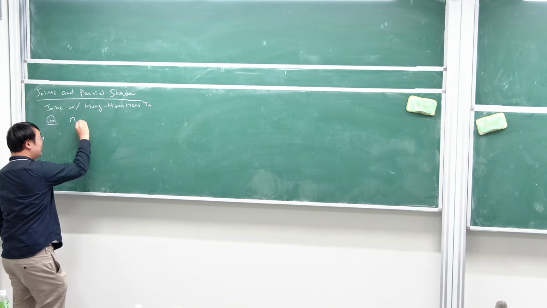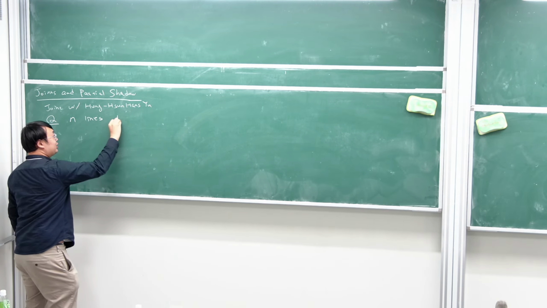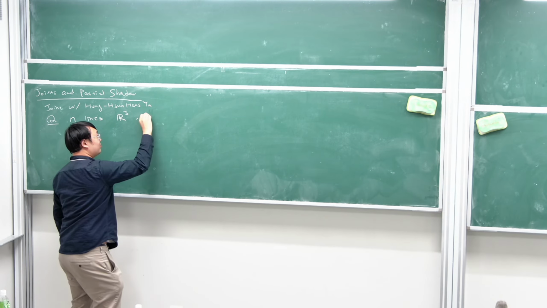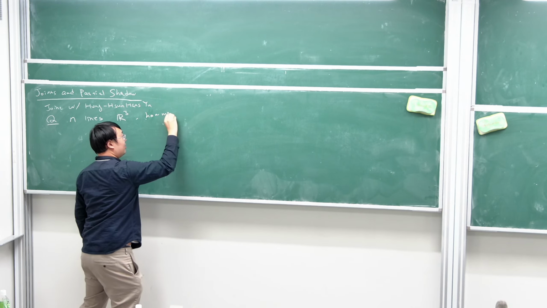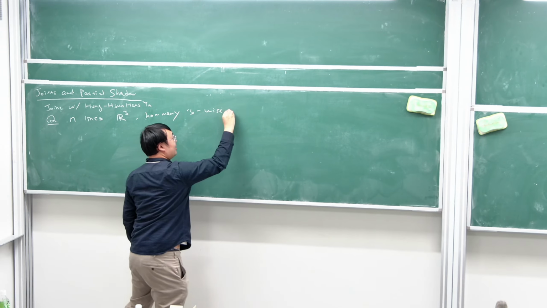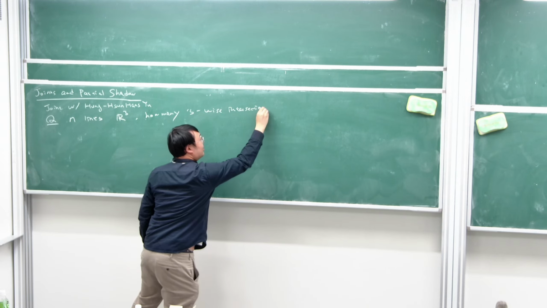So the natural question would be, if I give you n lines in three-dimensional space, how many three-wise intersections can we have?